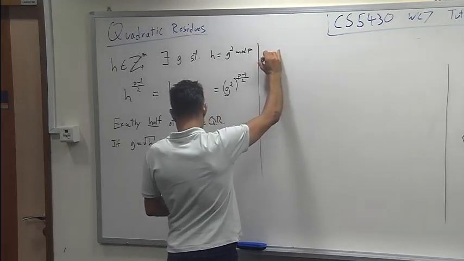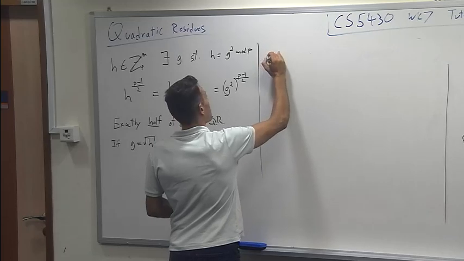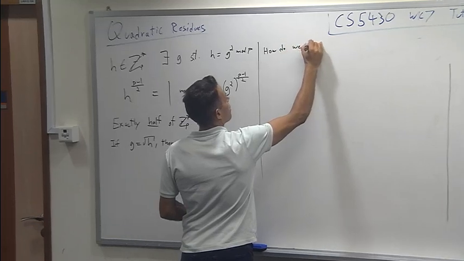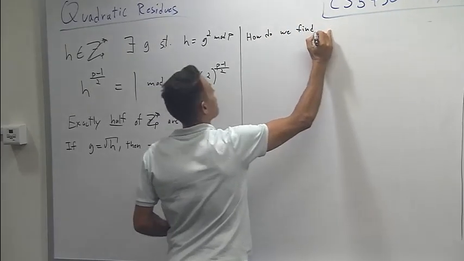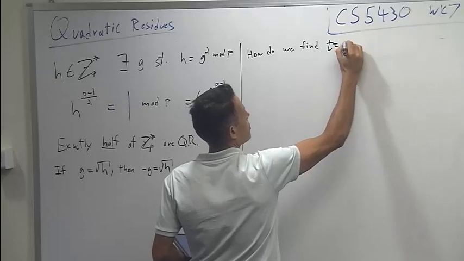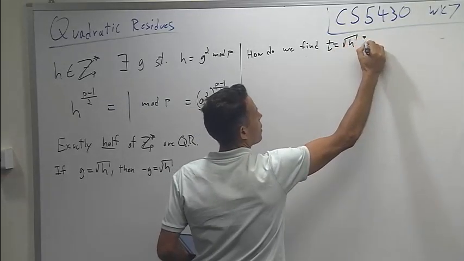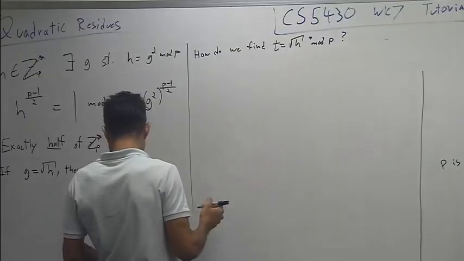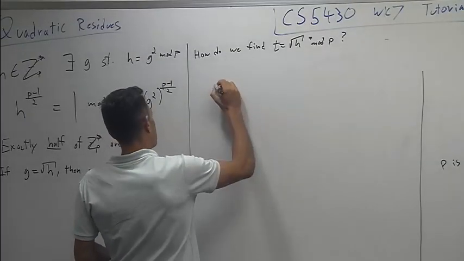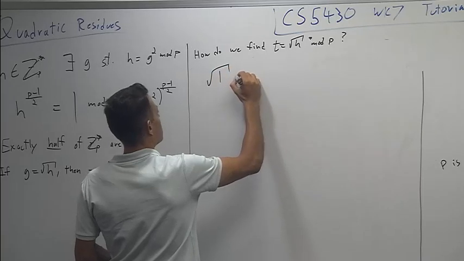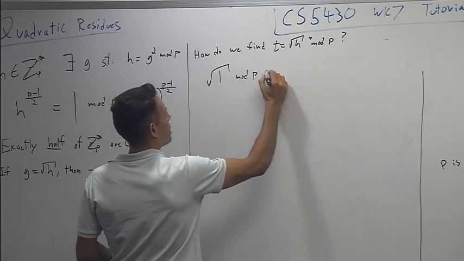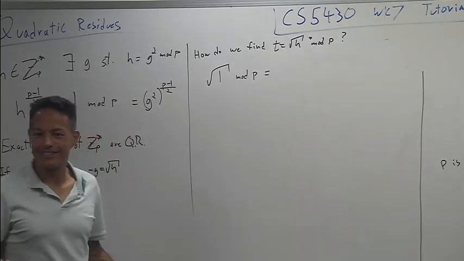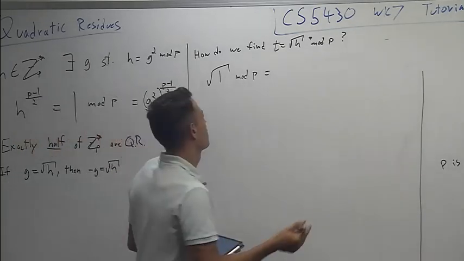I want to get to another piece that's a little more interesting. How do we find, I'm going to change symbols here, t equal to some square root of h mod p? So if I just ask for the square root of 1 mod p, what should I get? The square root of 1 in general is plus or minus 1.